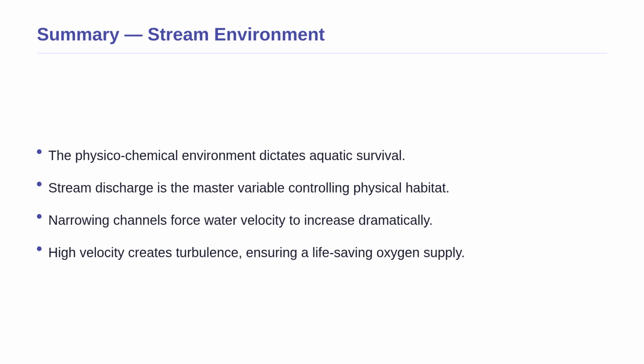It shapes the physical habitat and dictates how fast the water must move when the channel changes size. Finally, this physical movement directly controls the chemical environment. High velocities create the turbulence necessary to constantly mix life-saving atmospheric oxygen into the water.